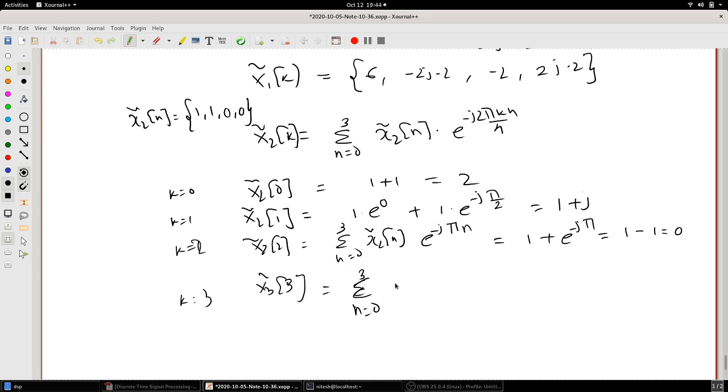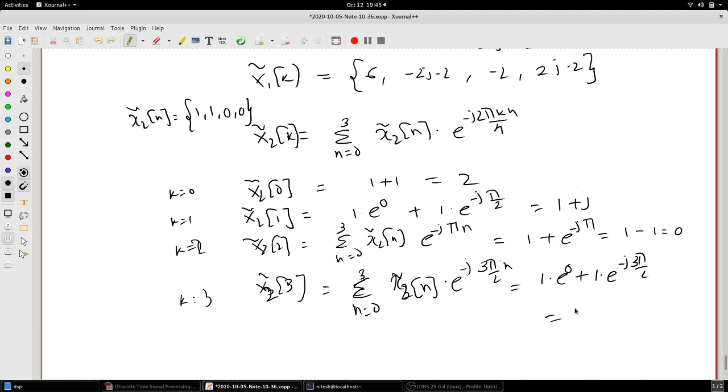So this is a 0, so x2 tilde of 3 for k equal to 3 is summation n equal to 0 to 3 x2 tilde of n into e raised to minus j 3 pi by 2. So that is equal to 1 into e raised to 0 plus 1 into e raised to minus j 3 pi by 2.